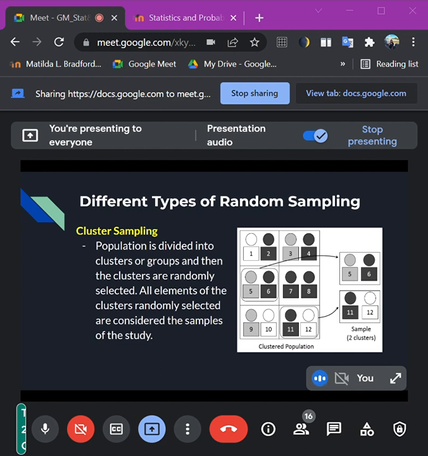In your school before, when you were having face-to-face class, even if not for research but just your activities, what did your teacher usually use? More on fishbowl, which is simple, or stratified or systematic?